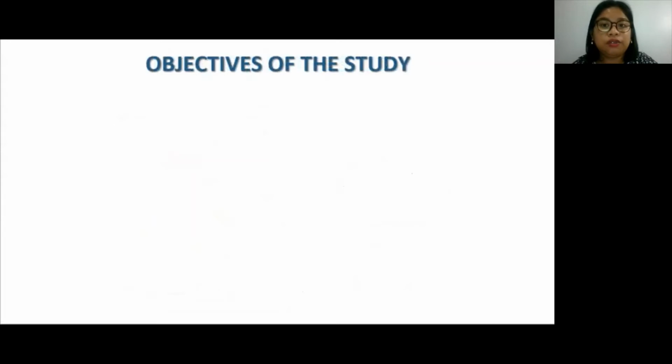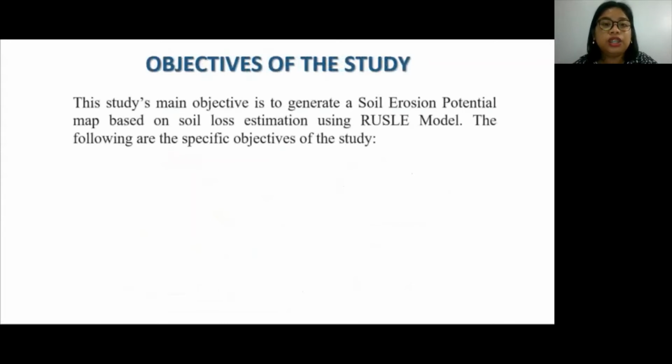The objective of this study is to generate a soil erosion potential map based on soil loss estimation using the RUSLE model. The following are the specific objectives.